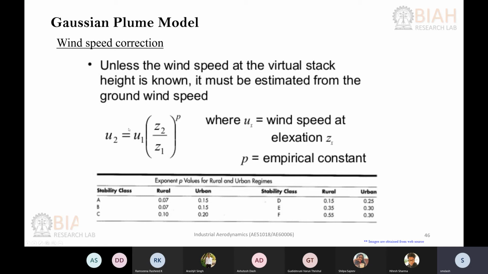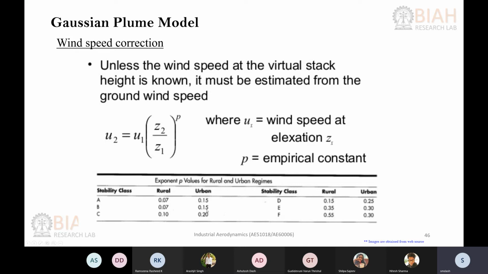So for that, you need to use the power law model that we have seen in the previous chapter. So this is the power law model, and you can get this index P, and that varies depending on the surface roughness condition we have seen previously, and also on the atmospheric stability condition, if it is A, B, C, like we have just defined the stability conditions.